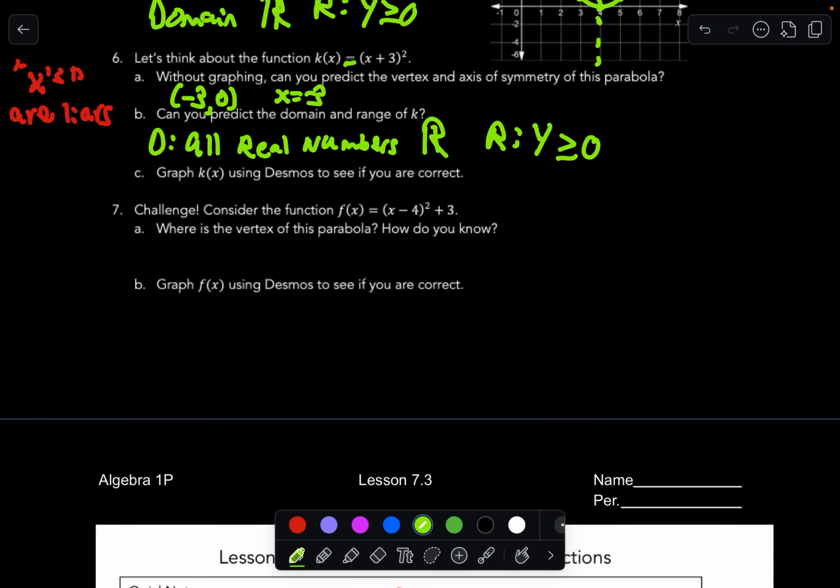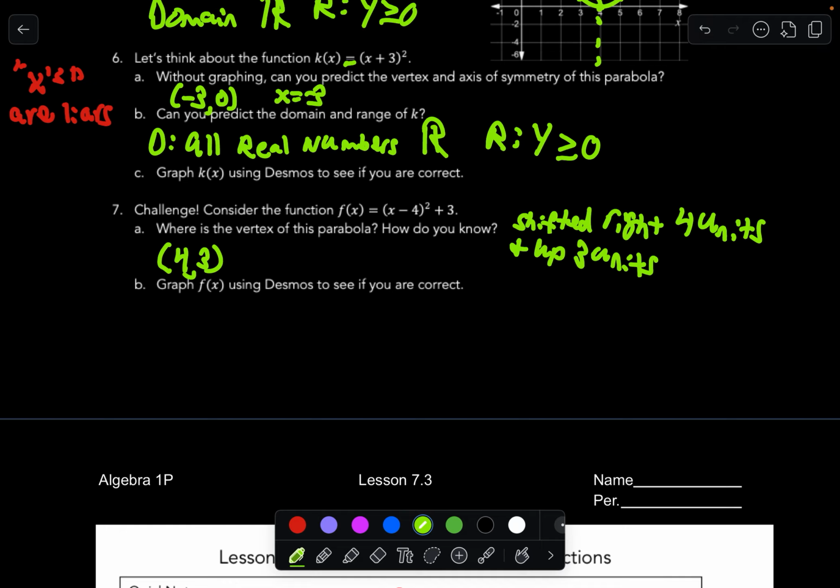Well, remembering your x's are liars, you know that x minus 4 means the graph is shifted right 4 units, and because of the plus 3 on the outside, up 3 units. Okay, so the vertex is going to be at 4 comma 3.